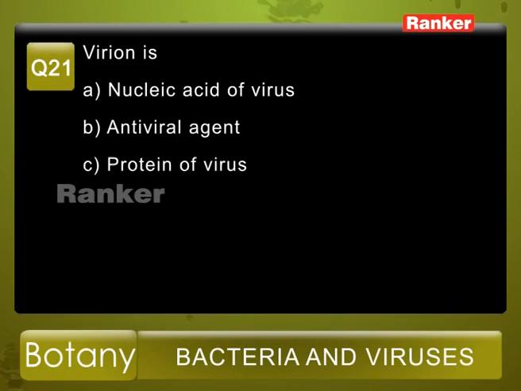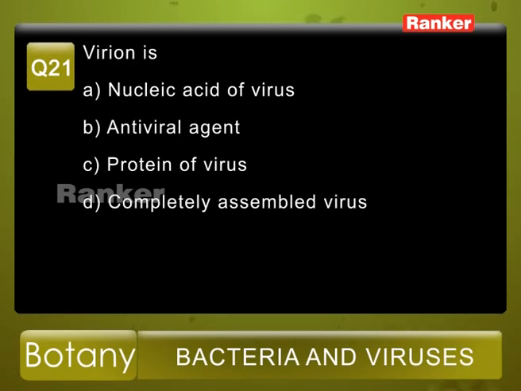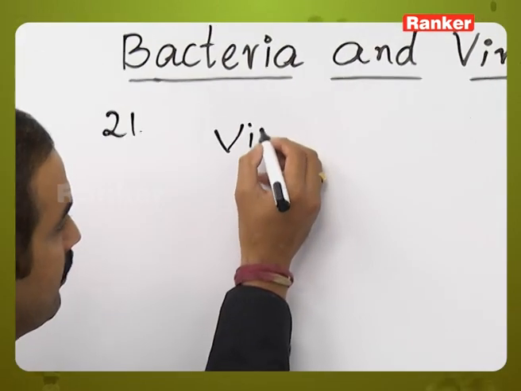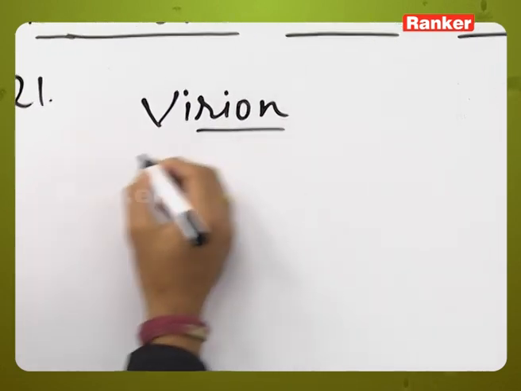Question number 21. Virion is. The given options are A. Nucleic acid of virus, B. Antiviral agent, C. Protein of virus, and D. Complete assembled virus. So here virion is nothing but a viral particle.